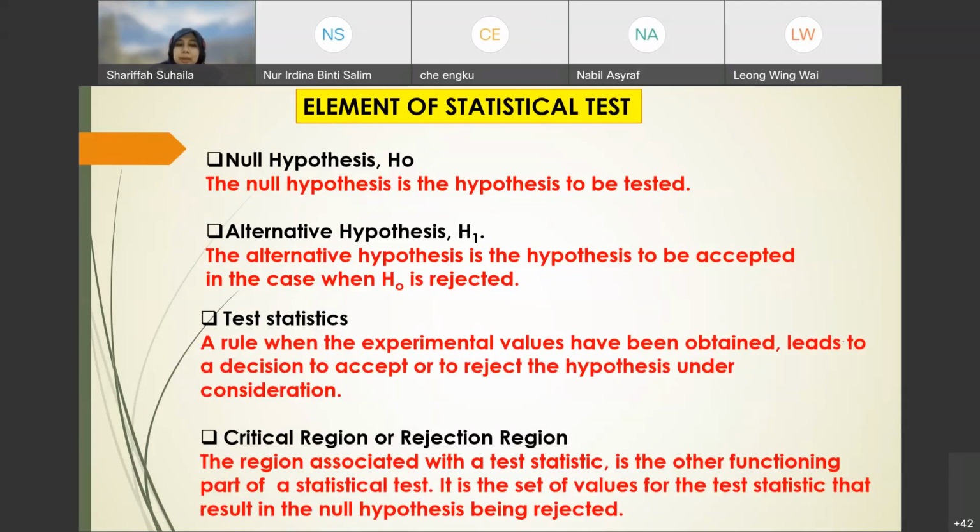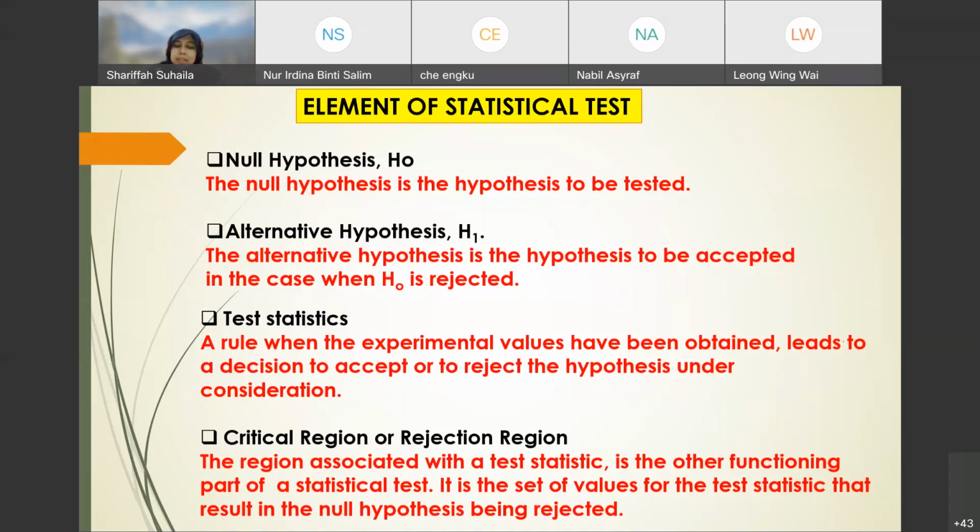It is a rule where the experimental values, based on your sampling, once obtained, lead to a decision, either you want to accept or to reject the hypothesis under consideration. Okay, depends lah pada kamu punya alternatif tu macam mana. Okay, and then you have also critical region ataupun rejection region. Kawasan mana kita nak reject kita punya null hypothesis.